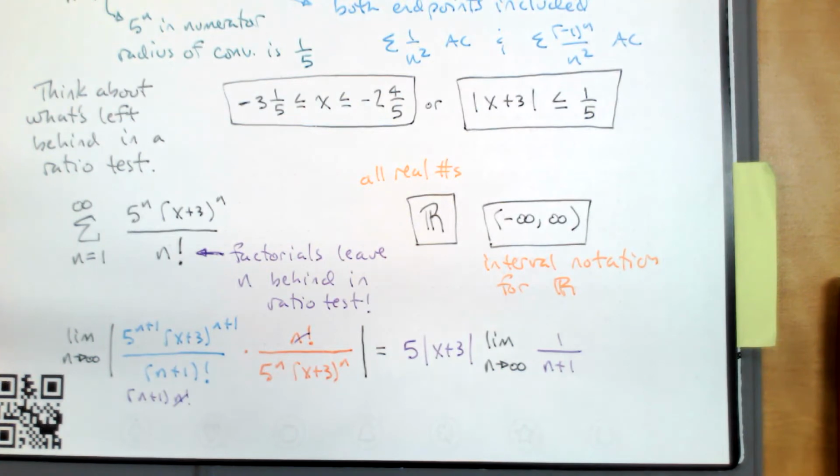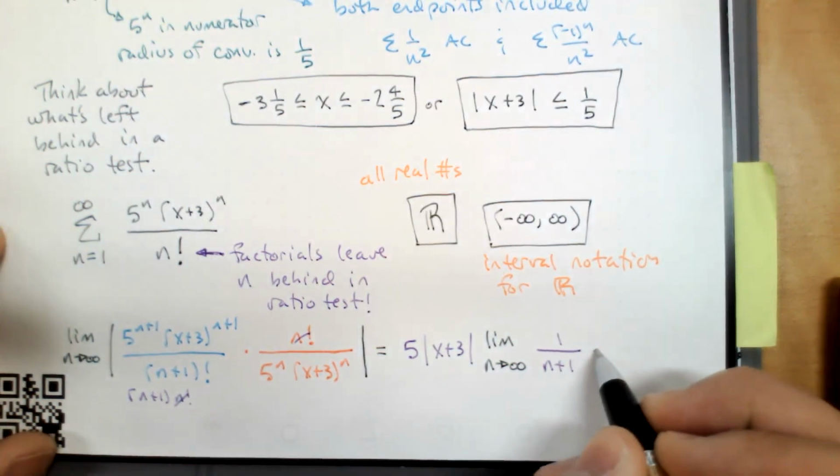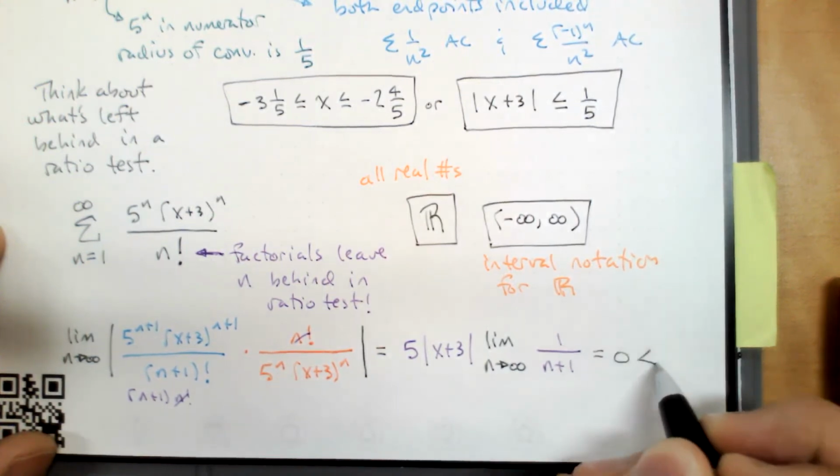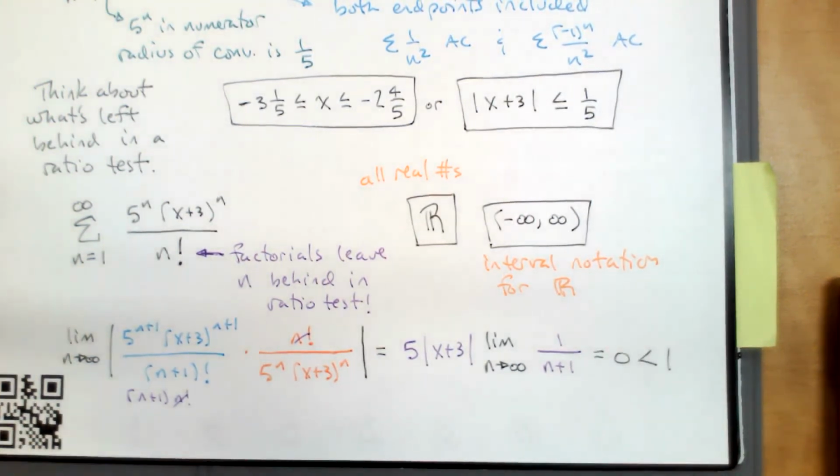That n factorial left an n behind in the limit from the ratio test. So now as n goes to infinity, whatever we have for x, this limit will go to 0. And 0 is always less than 1.